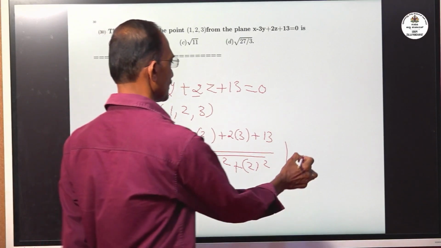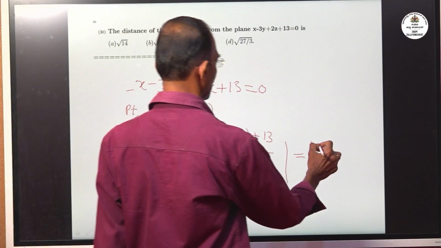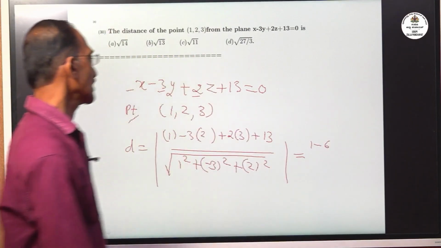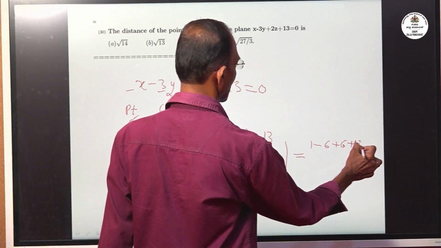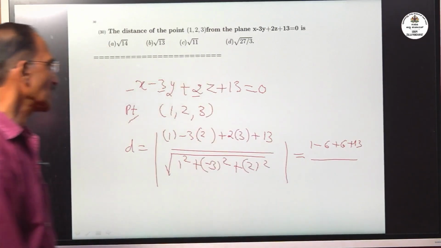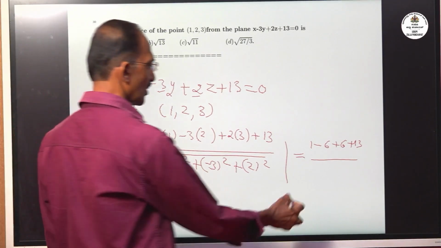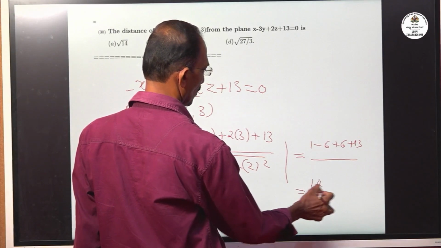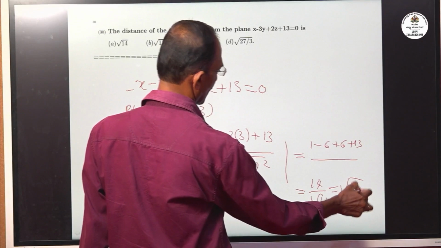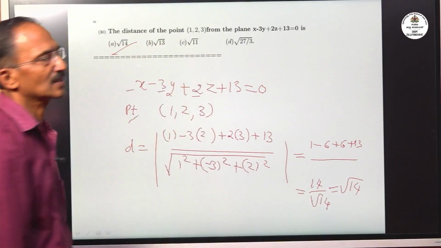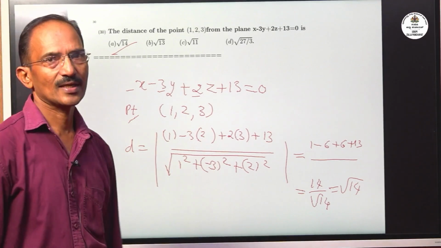The numerator is 1 minus 6 plus 6 plus 13, that is 14, divided by root of 1 plus 9 plus 4, which is root 14. So 14 by root 14 comes to root 14. So option A is the answer to the 30th question.